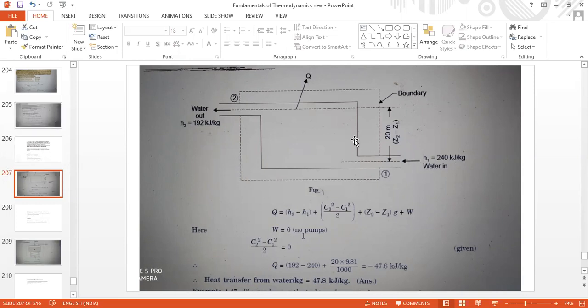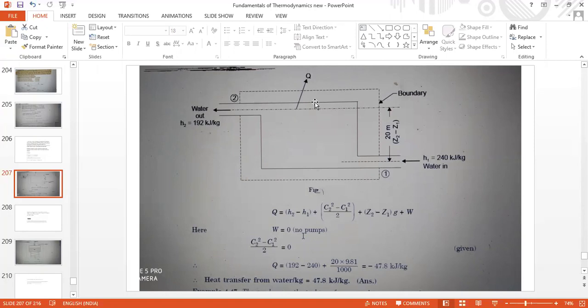If you draw the figure, you will understand the problem in more depth. So whenever a problem is given, you try to draw a figure as per your understanding.